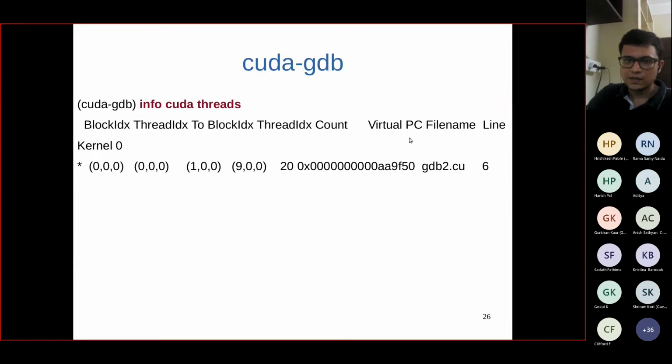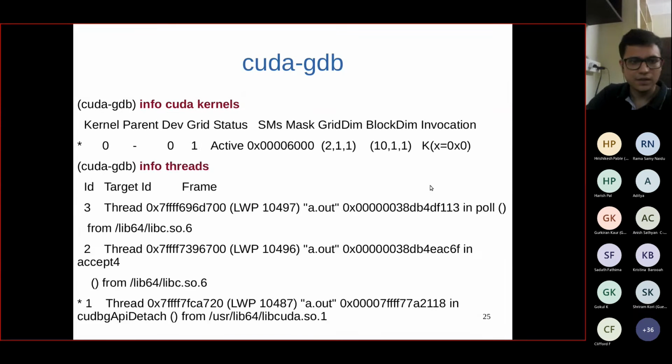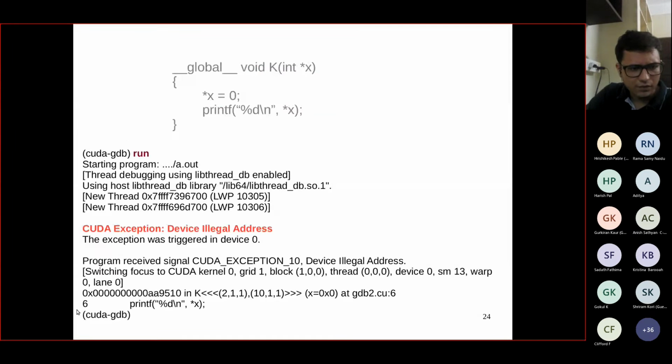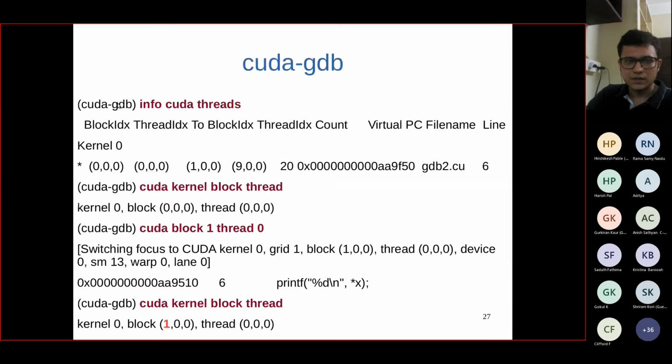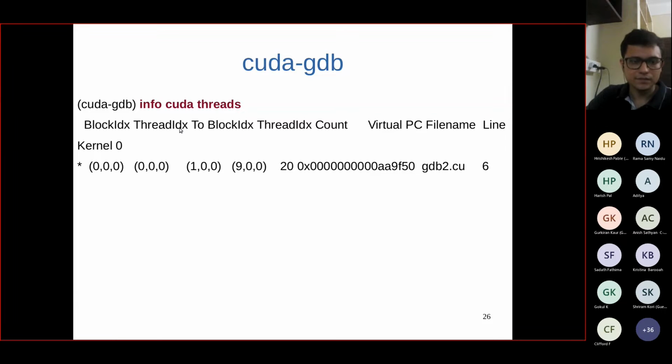Then this is the program counter corresponding to them, and there is the file name corresponding to them, and the line number is the line number where they halted, which is line number 6, where this error was, if you remember. So this is how we can print the information for each thread using info cuda threads.